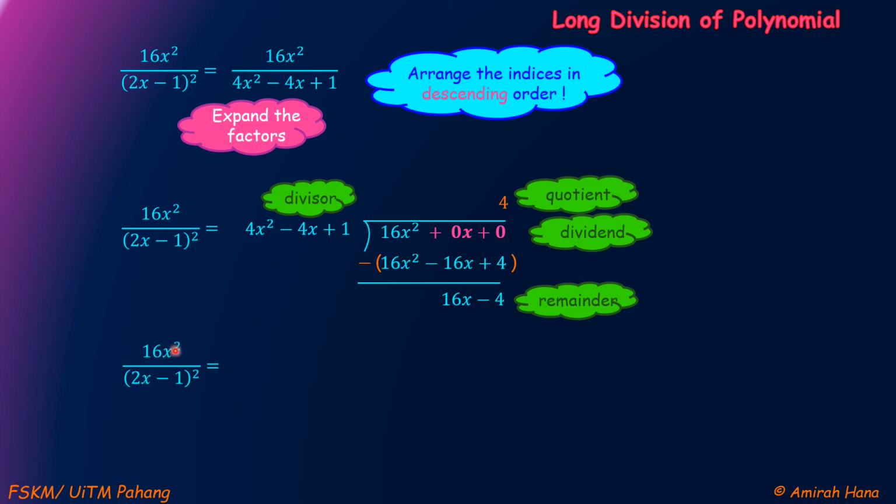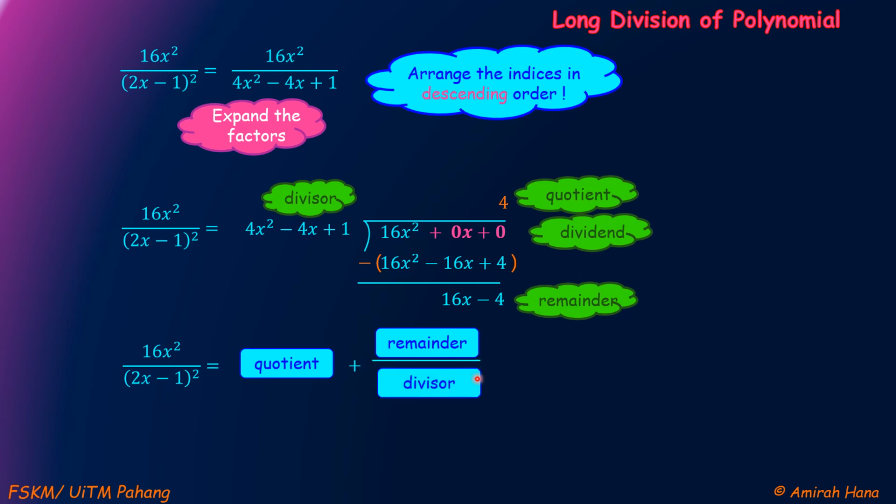which is the given rational function, equals quotient plus remainder over divisor. So we can write 16x squared over (2x minus 1) squared equals our quotient, 4, plus our remainder, 16x minus 4, over our divisor, (2x minus 1) squared.